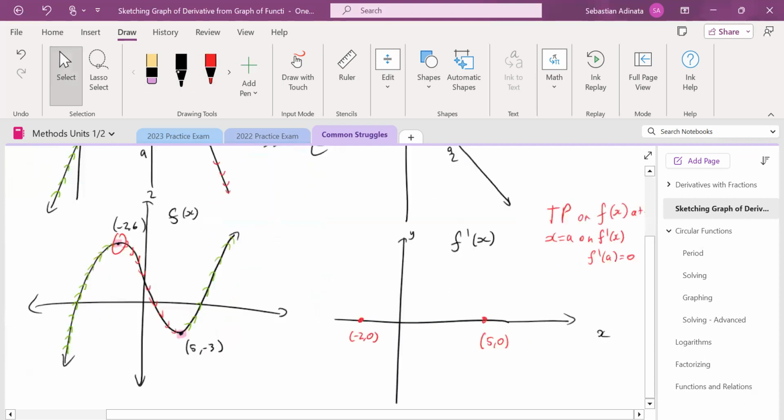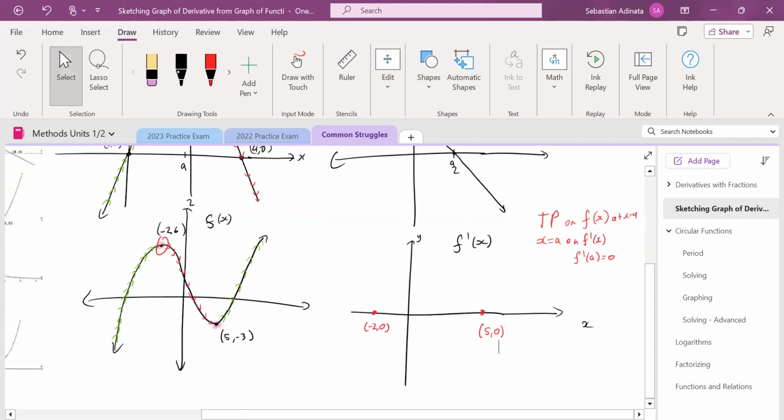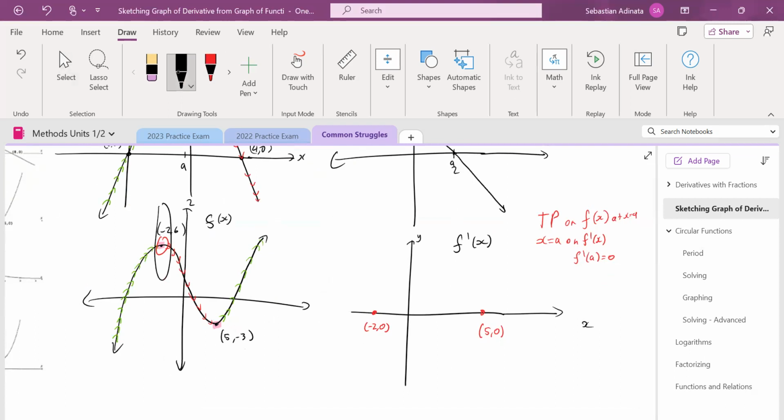Before we do that, one thing to note is, in other words, whenever there's a turning point at, let's say, x equals -2, the derivative has an x-intercept at that same point. So notice how the turning points end up on the x-intercept of the graph of the derivative.